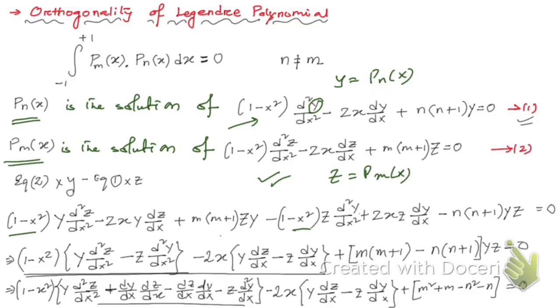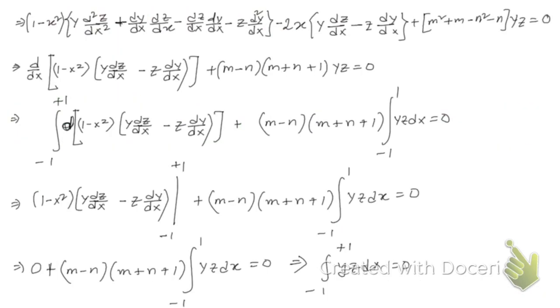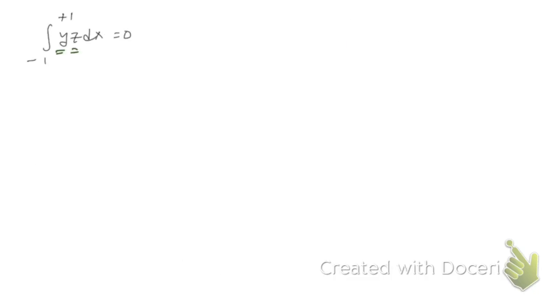So here we can write this is equal to y, and this Pm of x is equal to z. So let me go back to the last slide. Here you see, this y and z can be replaced by y is equal to Pn of x and z is equal to Pm of x. Okay, hope you have understood this.